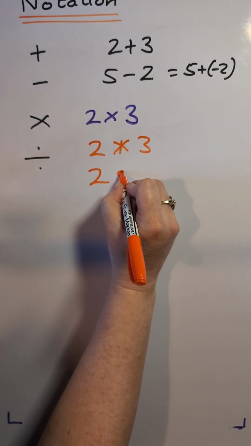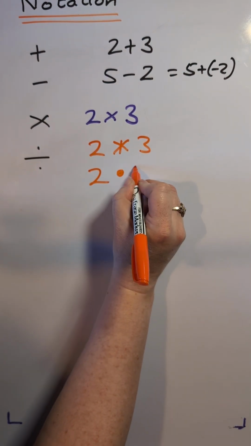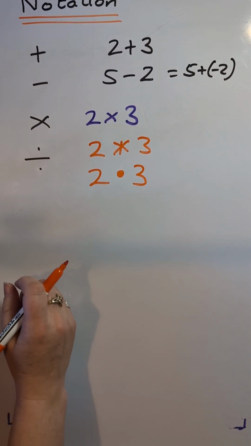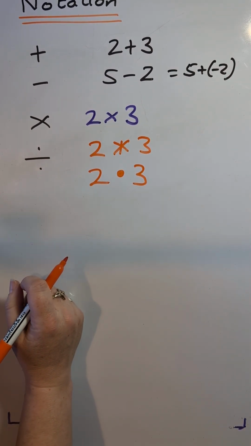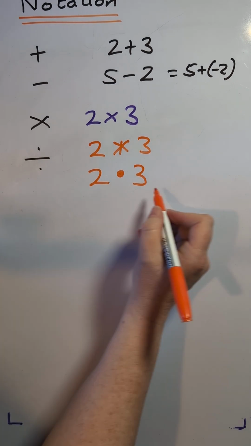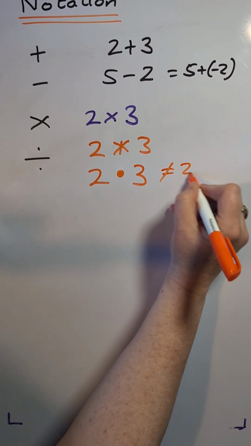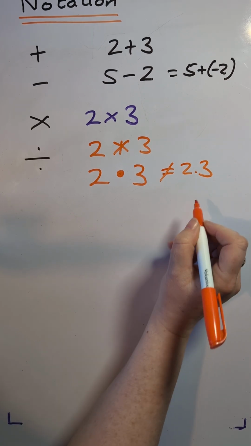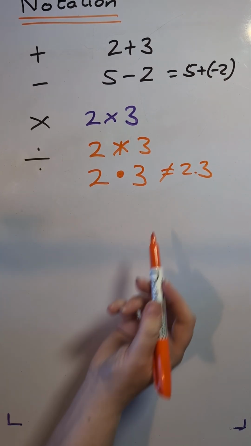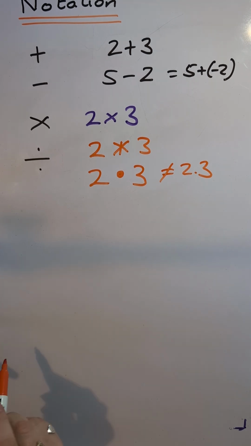If you're looking at textbooks that have come from America, you'll see it as a big filled in circle. We don't tend to use that because it looks a little bit too much like a decimal point, and it's not. This symbol I'll come to in a minute.